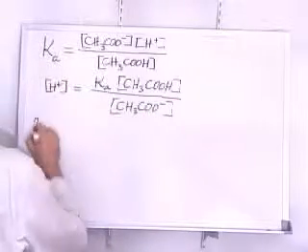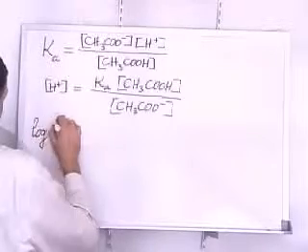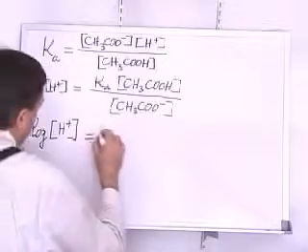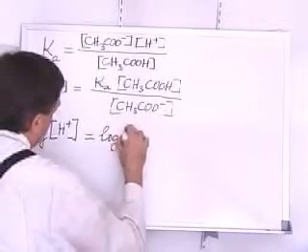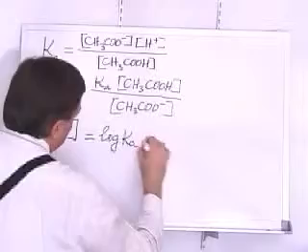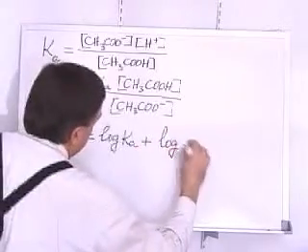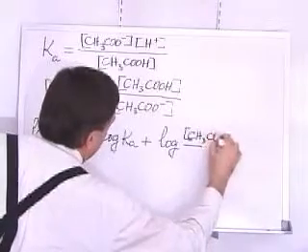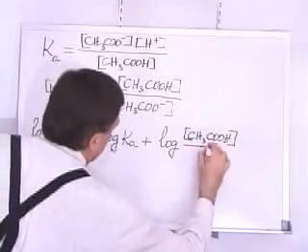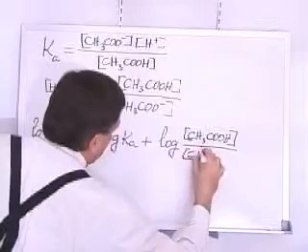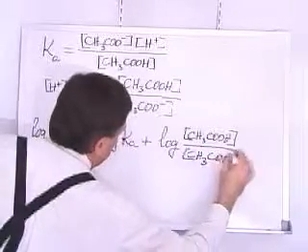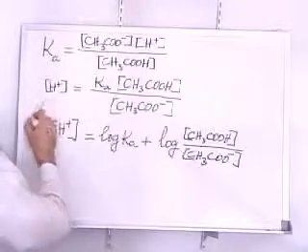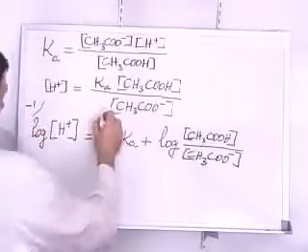Now we can take a logarithm of both sides of this expression. And then we can multiply by -1 both sides.